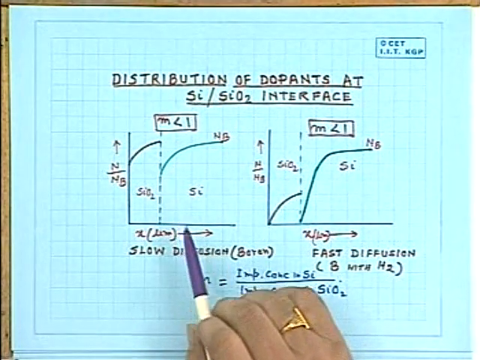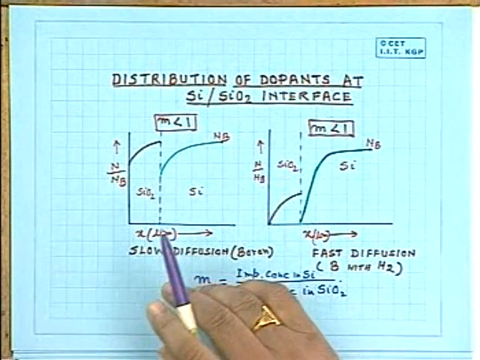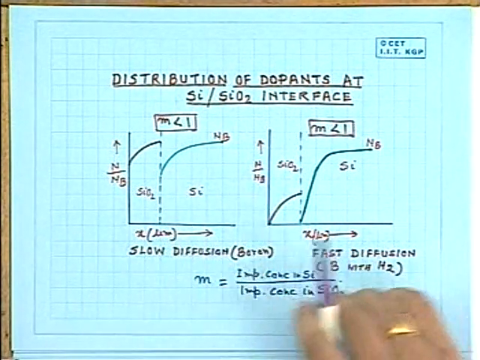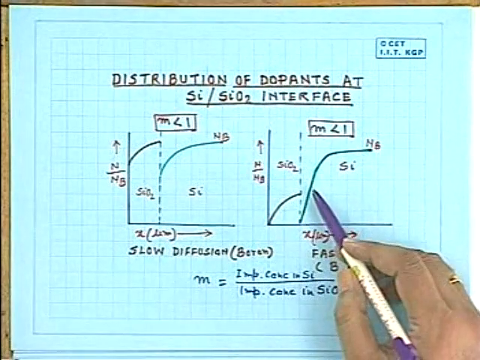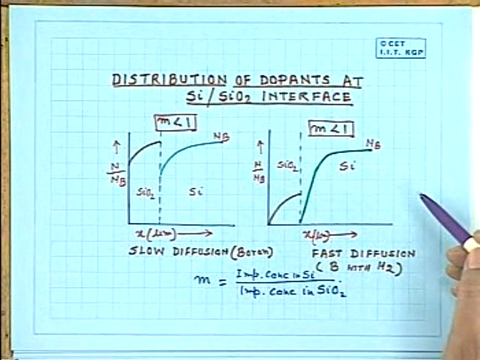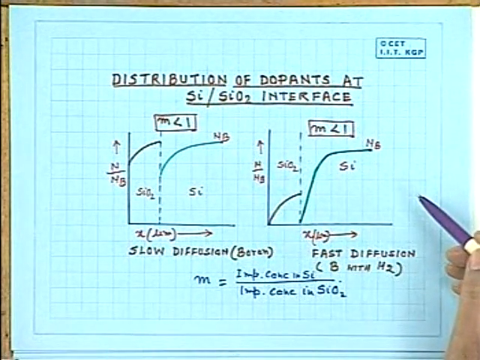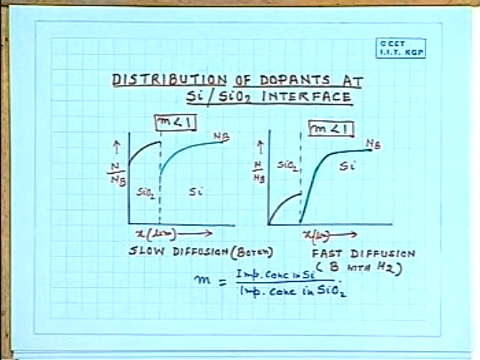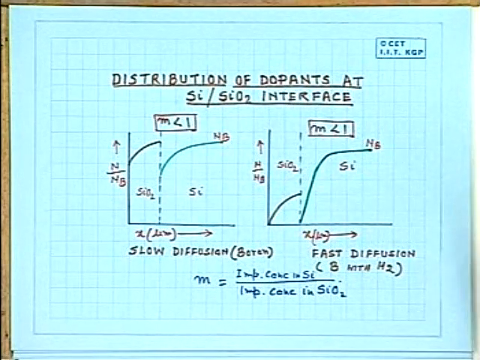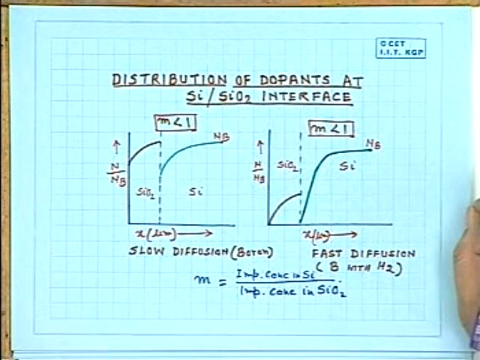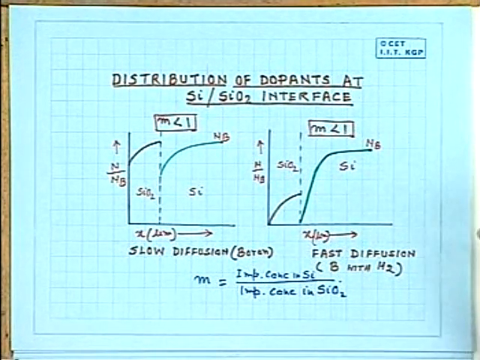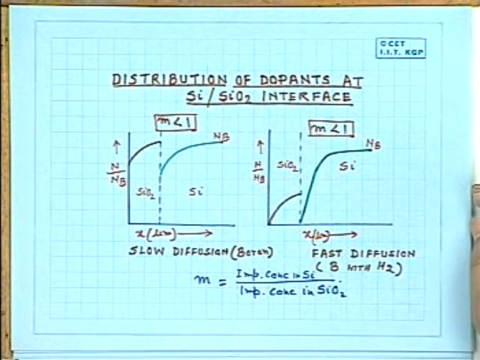Now, along with the drive-in process, if we don't grow silicon dioxide, then the problem is that the dopant atoms will evaporate from the silicon surface. So in order to prevent the evaporation, some oxide is also formed in the drive-in process.